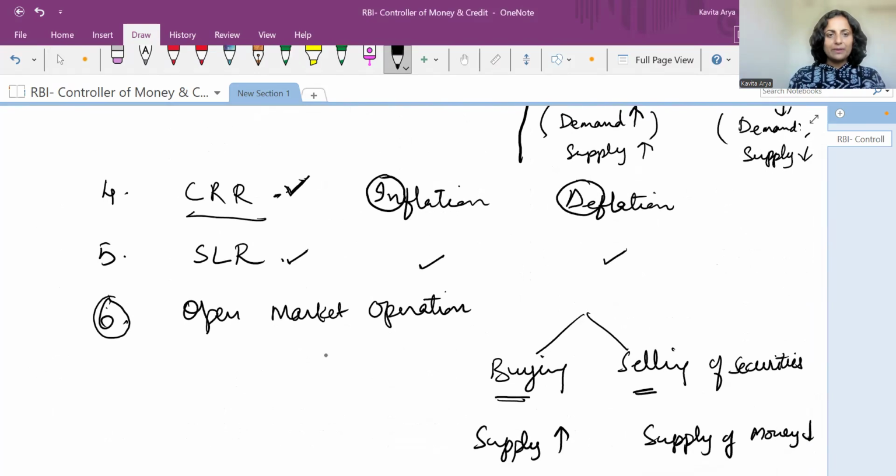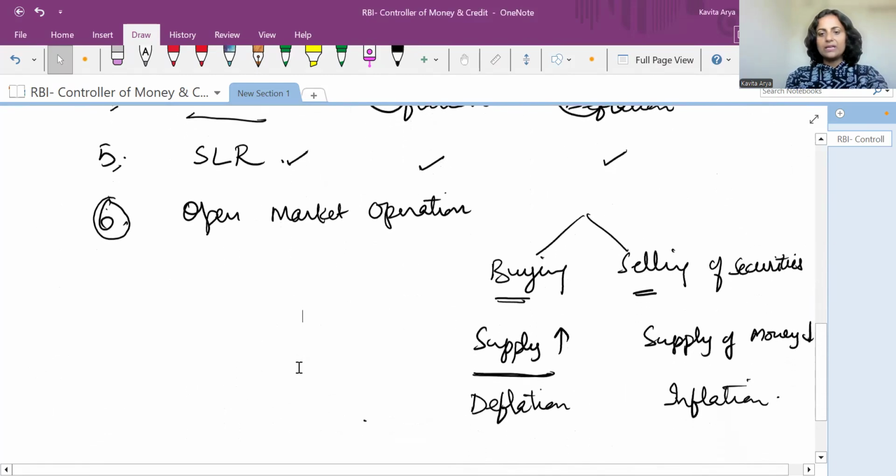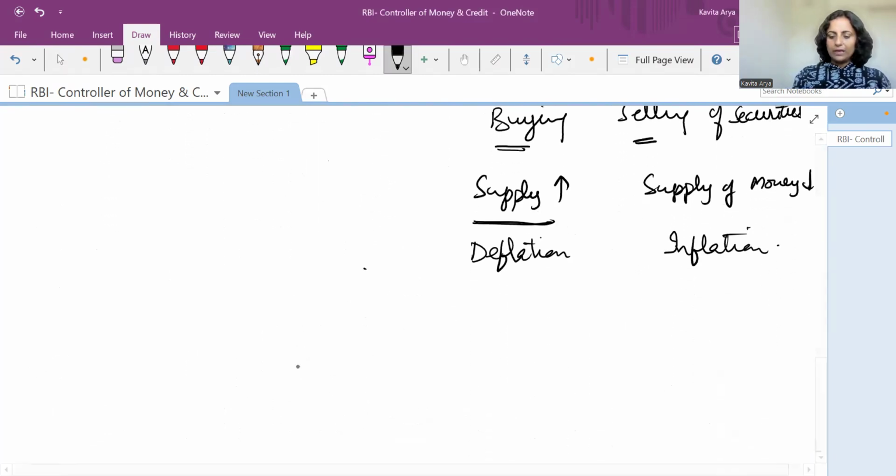At times you must be ready with the difference between CRR and SLR also. Sometimes their definitions are also asked. So let's begin with today's work, and we are going to talk about the qualitative tools today.